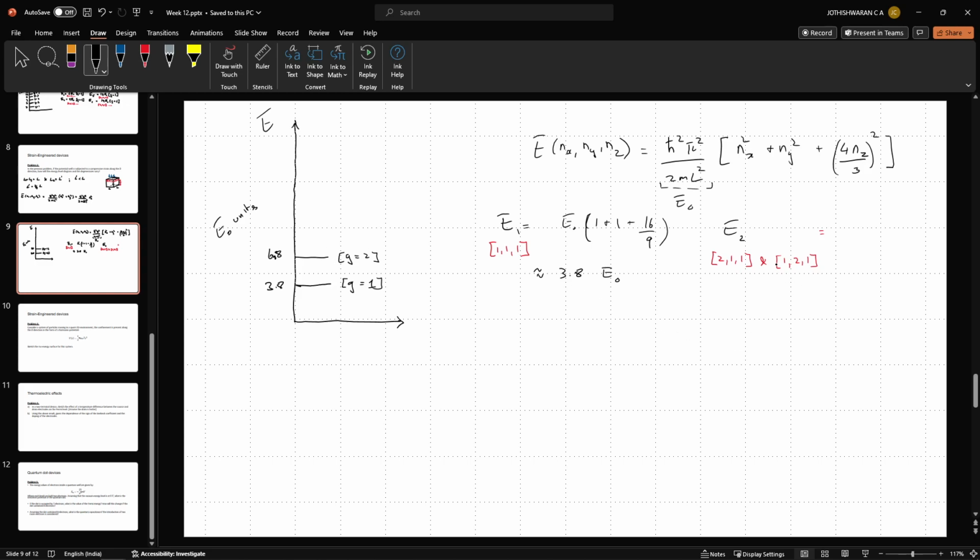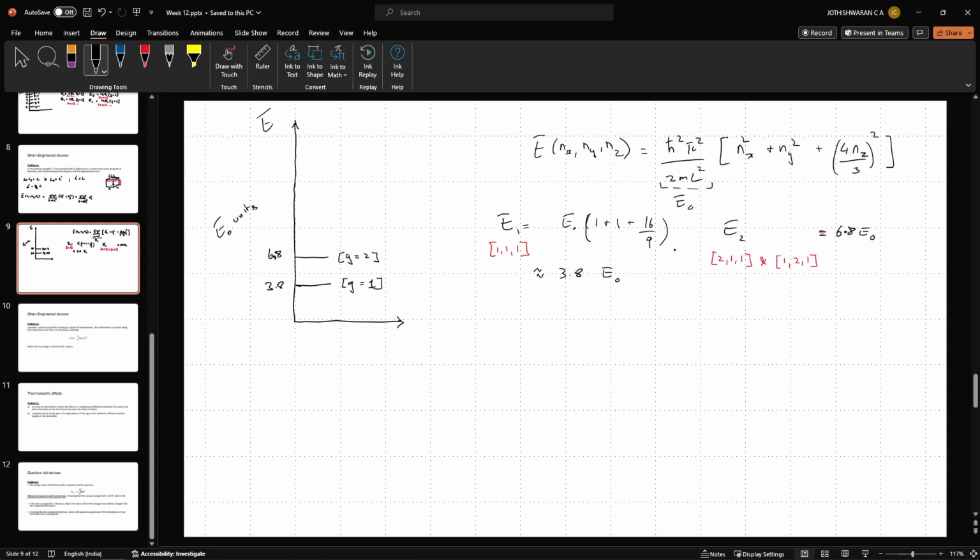The next energy level is going to be approximately 6.8 E naught. Now that is going to be 1 plus 1 plus 4 times this. So that's 64 by 9. So that's 64 plus 18, whole divided by 9.